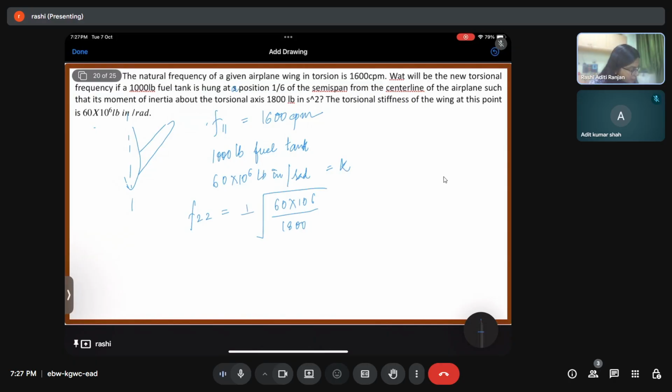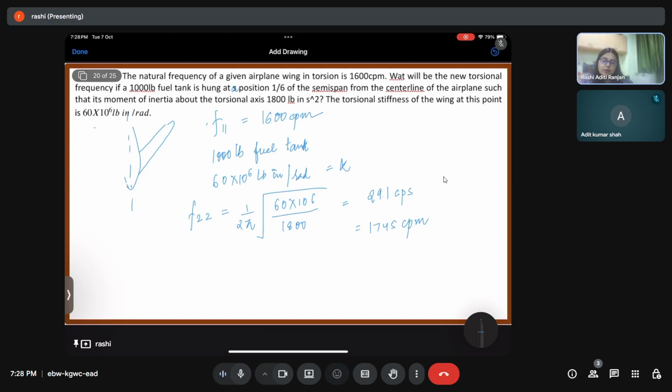So we'll change it by 1 by 2 pi, and this will give 29.1 CPS, or okay, 1745 cycles per minute. Now we have F22, right?